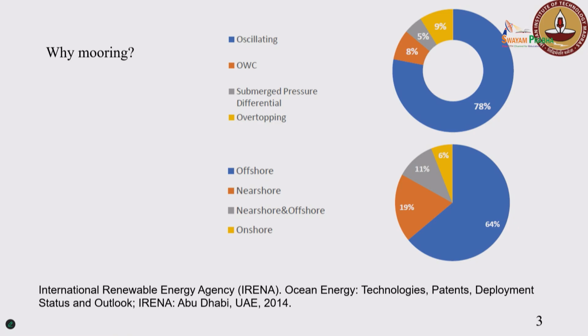And based on the location, if you see at the bottom, the offshore scenario is basically 64%. So almost all of the floating wave energy converters and even your offshore structures are in the offshore, right. So 64% is offshore, and nearshore as well, considering the OWCs and other aspects, and there is always a transition from the nearshore to the offshore and in-between regions, right, and the onshore regions as well.